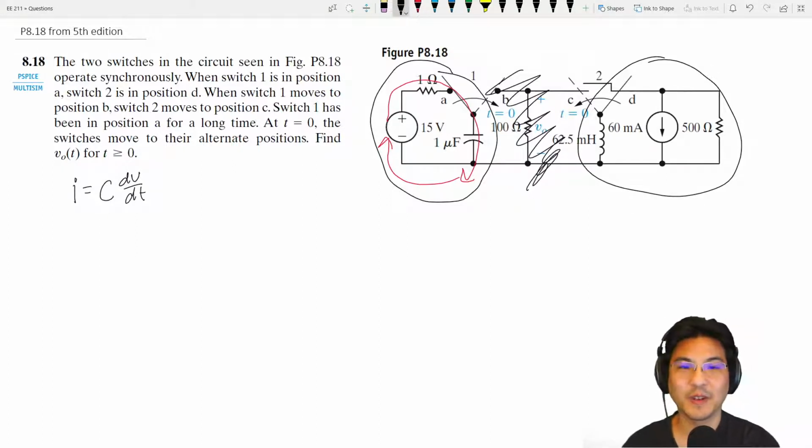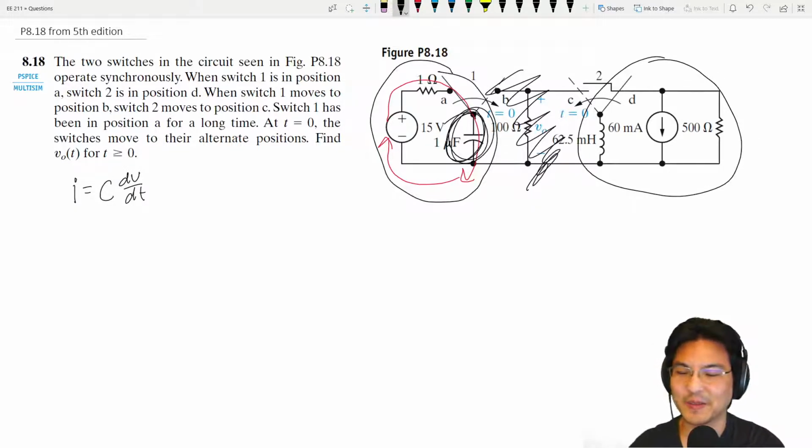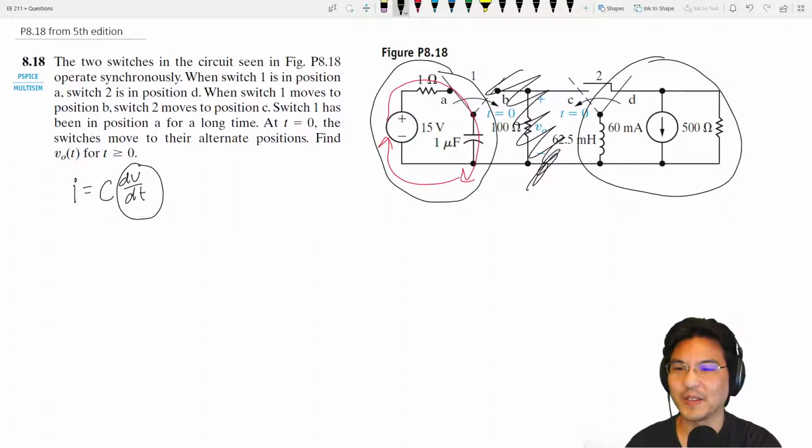And whatever is going on with the voltage across this capacitor, it's constant. It's been like that for a long time, and the current is constant. So if the voltage is constant, what is the time derivative of a constant? 0. So the current through the capacitor is 0.